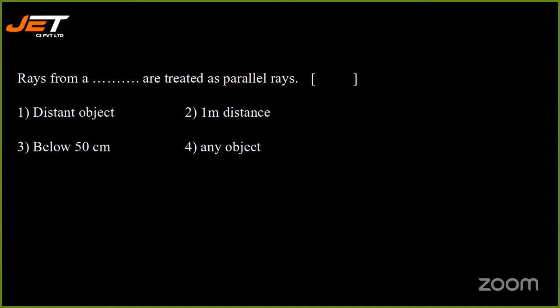Okay. No, it is not 4. Most of the people are saying 4. I would ask you to read the question once again, because the rays from a distant object are treated as parallel rays. That is because a distant object is treated as a point source, and the light rays that come will be treated as a straight line. So that will be treated as parallel rays. So rays from a distant object are treated as parallel rays.